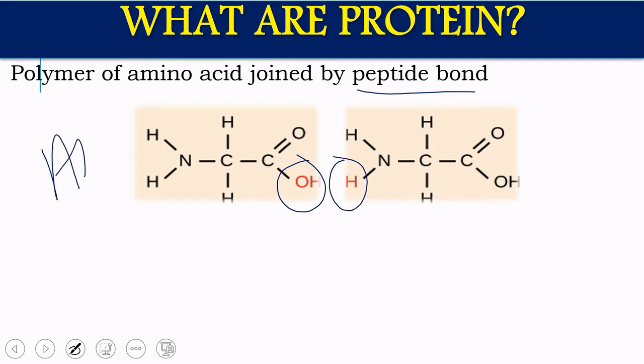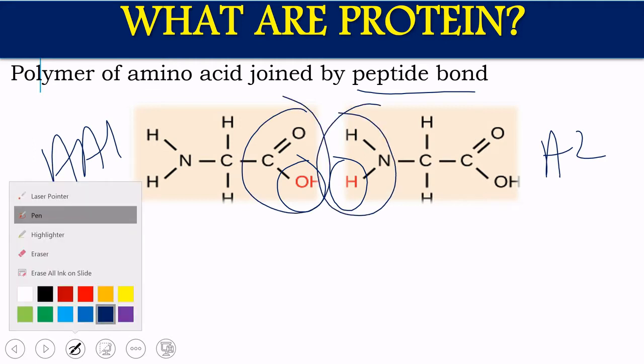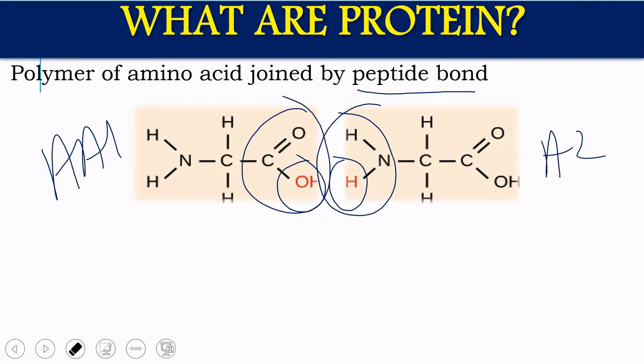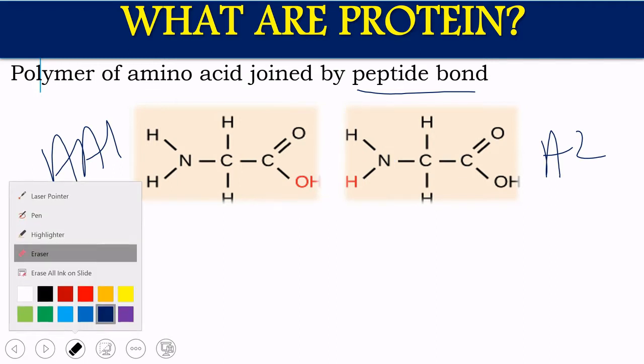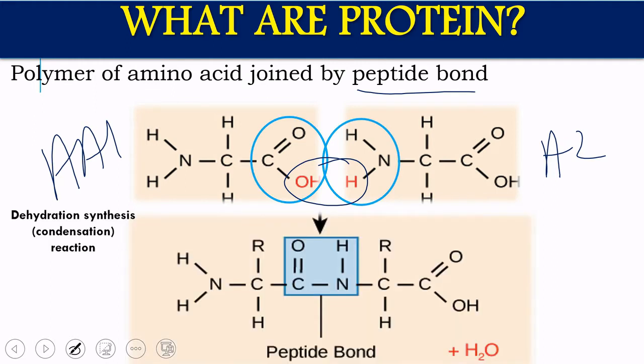This is my amino acid number 1 and this is my amino acid number 2. This amino acid has a COOH group and this one has an NH2 group. So what will happen? The COOH group of one amino acid is going to combine with the NH2 of the other amino acid. So these two will combine together. Ultimately, it will remove water and form a peptide bond.